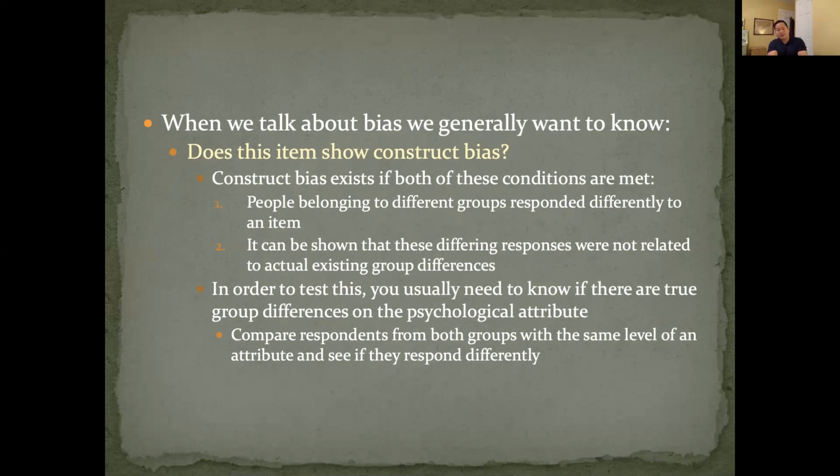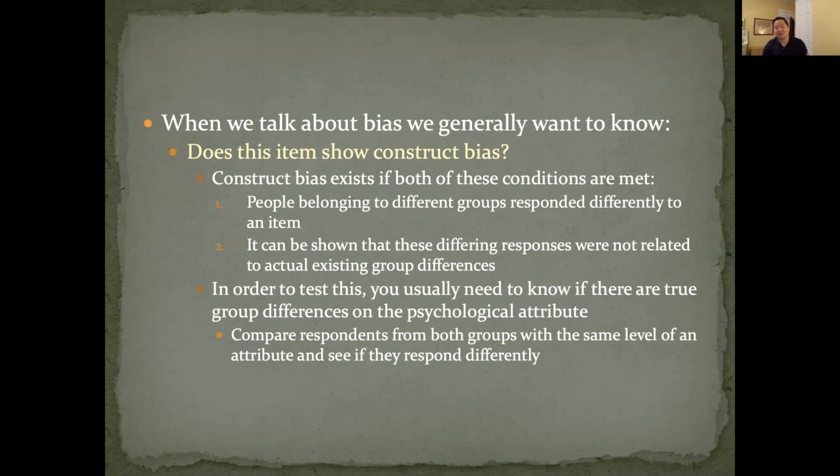The typical graduate student is older than the typical undergraduate student. So we need to show that these responses are different, not because there are fundamental group differences, like you all have had more classes, but because of something else. So the problem with this is we need to know if there are actual group differences on what you're trying to measure.